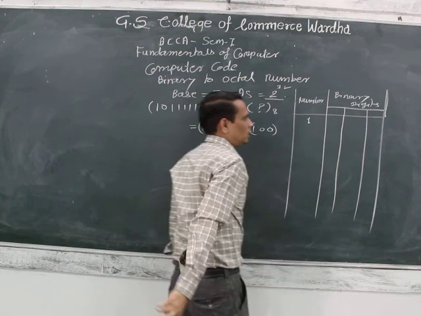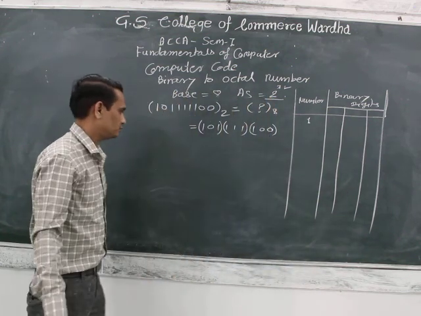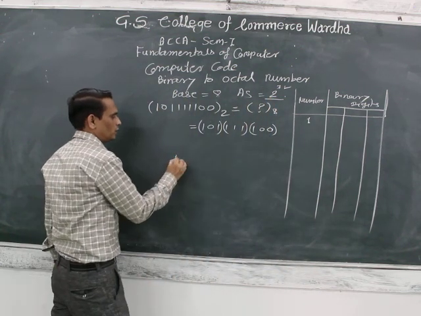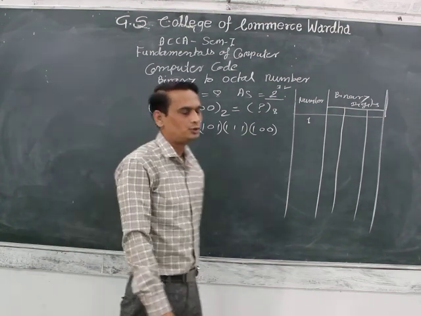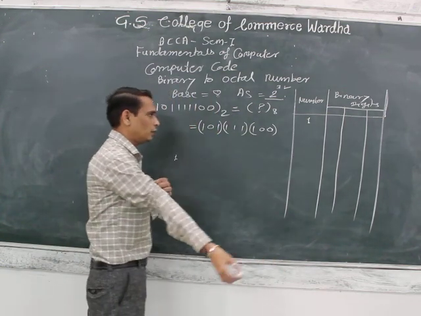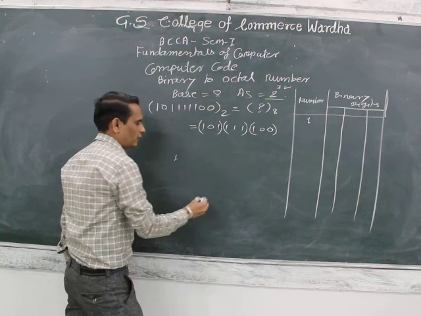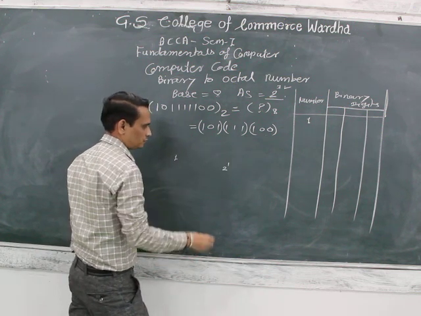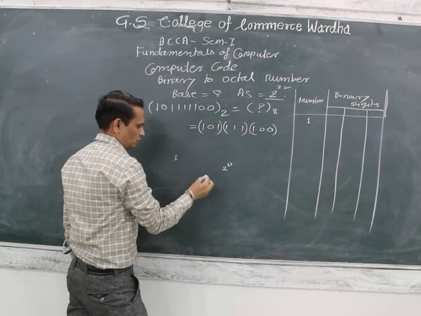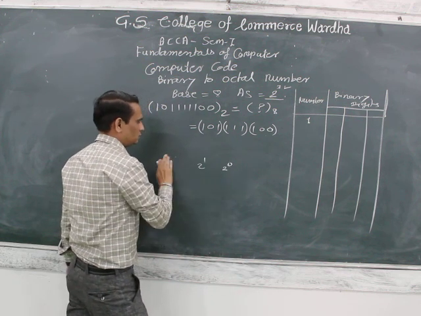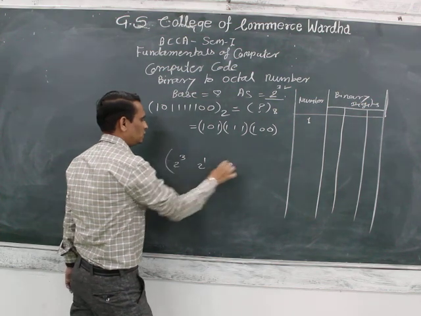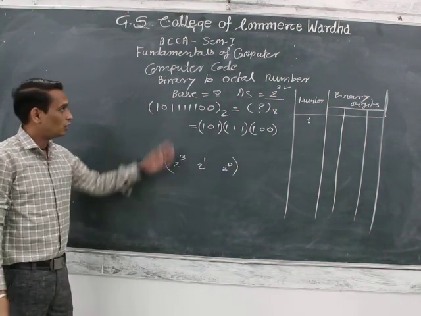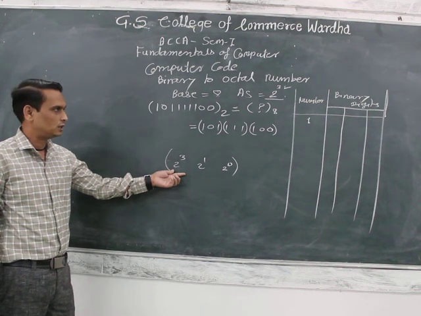If we want to create 1, we have a conversion of 1 into 3 digits, or binary digits. For that we have 2 raised to power 0, 2 raised to power 1, and 2 raised to power 2. It creates an octal number, or represents the octal number.